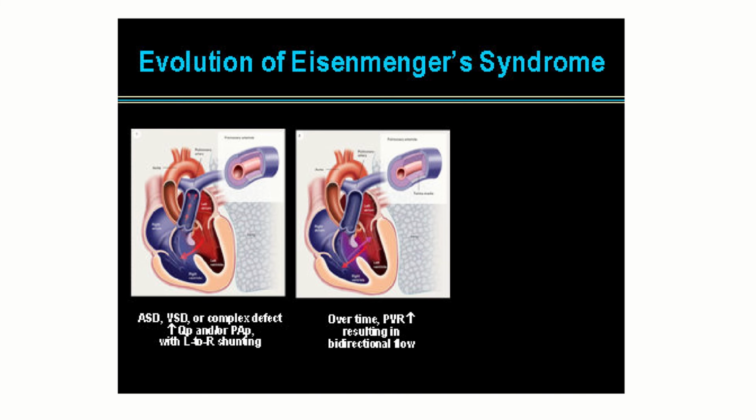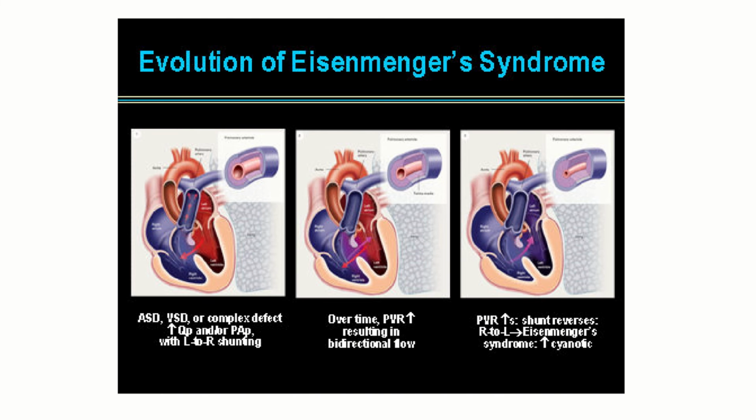At that time it is still reversible, but if this shunt is neglected for more time, it will lead to irreversible vasoconstriction in these blood vessels, and pulmonary vascular resistance will be much greater than systemic vascular resistance, and the shunt will be reversed and lead to cyanosis.